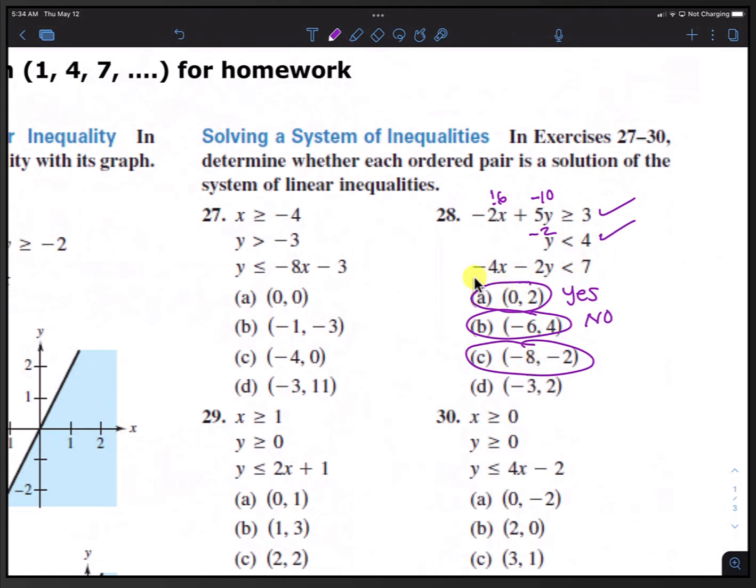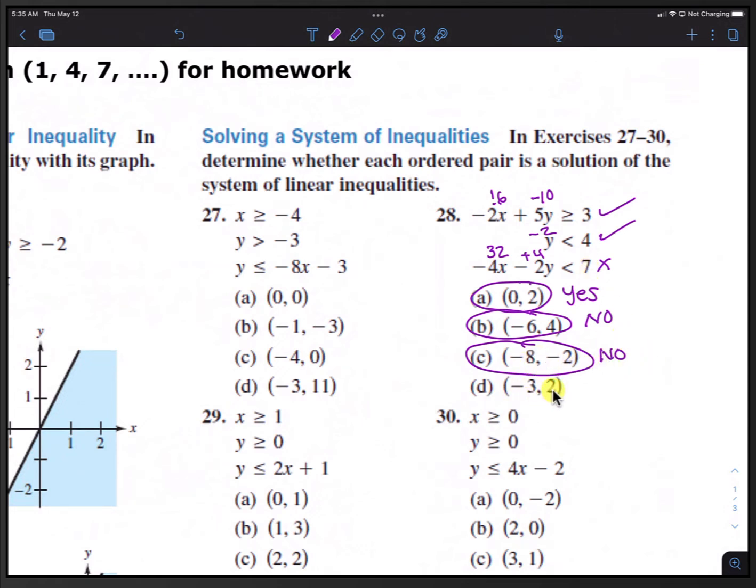And negative 4 times negative 8 is positive 32. Negative 2 times negative 2 is positive 4. 32 plus 4 is not less than 7. So we can stop there and say that that is no for the third point.